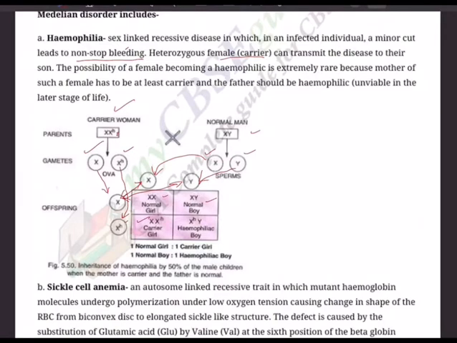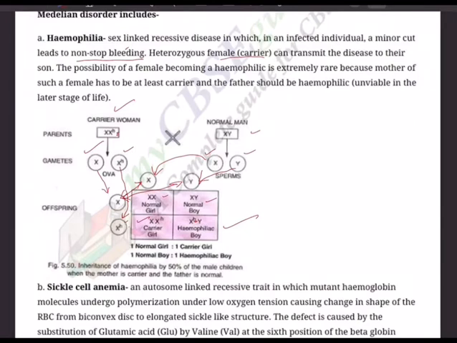But who is the person having the curse? It is XH combining with Y, it becomes XY, but this X is unfortunately carrying the hemophilic gene. So the boy becomes hemophilic. So this is the unfortunate gift from the mother's side. Of course, no mother wants to give such a gift to the child, but it is all genetics, all the gamete formation.